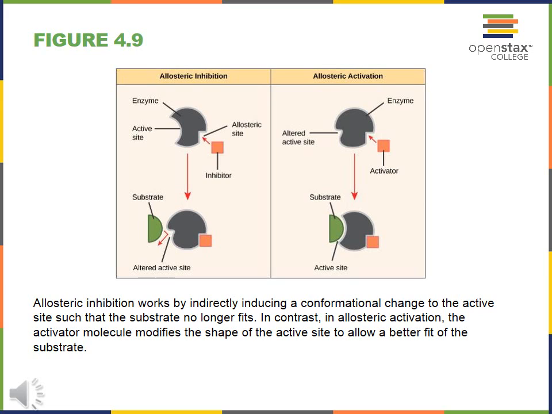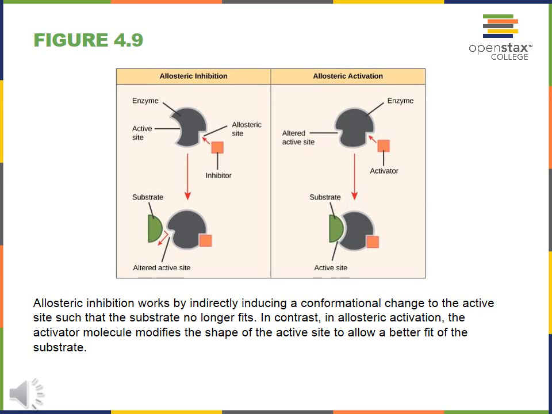Again, it's another weird word, but it's just one of those you're going to have to remember. An allosteric site, and then it's pointing to an inhibitor, and then in the other picture we have almost the same picture except we have an activator. Those little orange squares will change names depending on what we're doing.